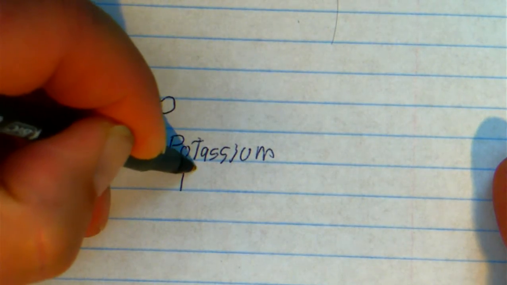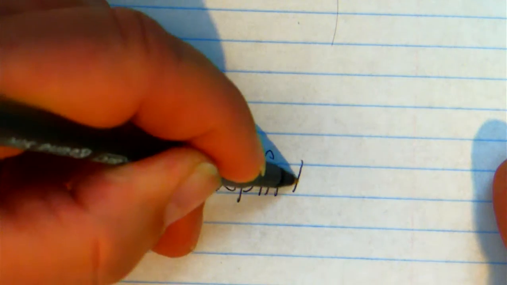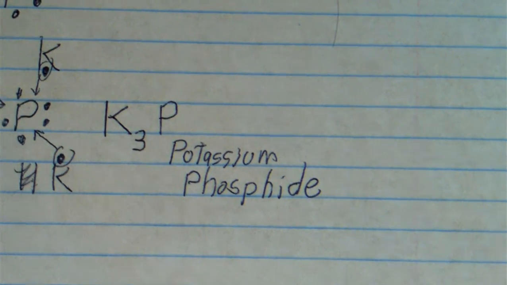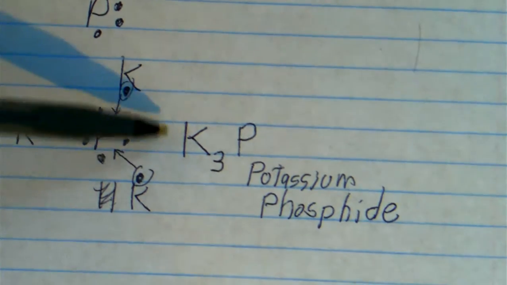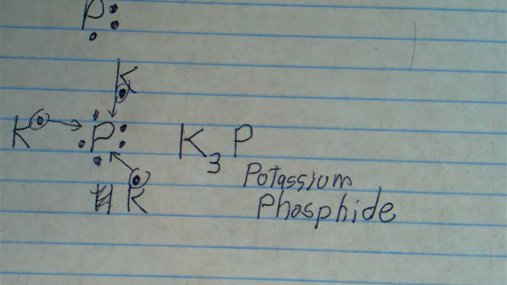And we would name this thing potassium phosphide. Potassium phosphide is always 3 potassiums to every phosphorus.